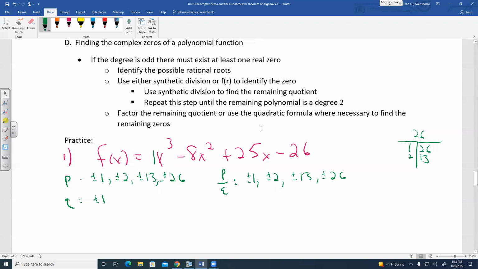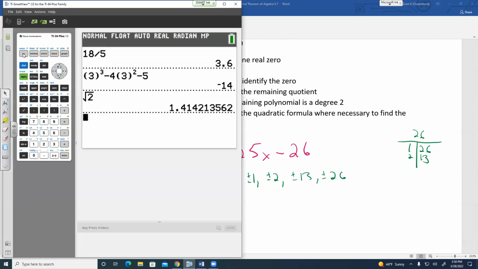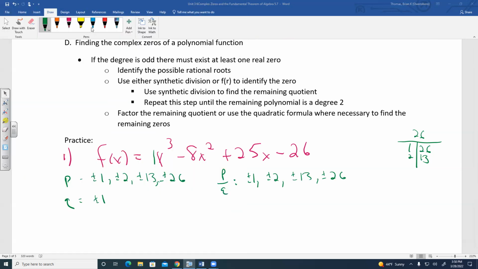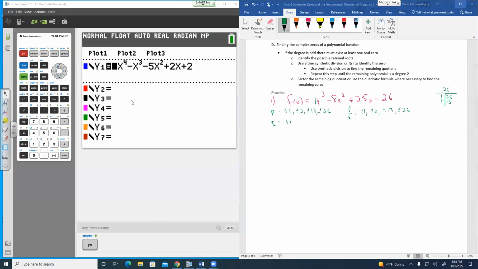So what we want to do, I'm going to use this f of r. Remember, if f of r is equal to 0, then that is a root or a 0. So using my calculator, I'm going to type in this function. So I'm going to have to slide this over so I can see it. It's too big.